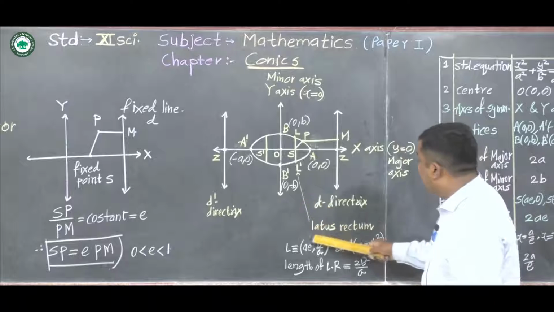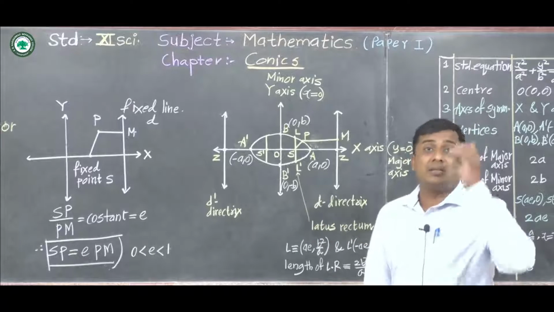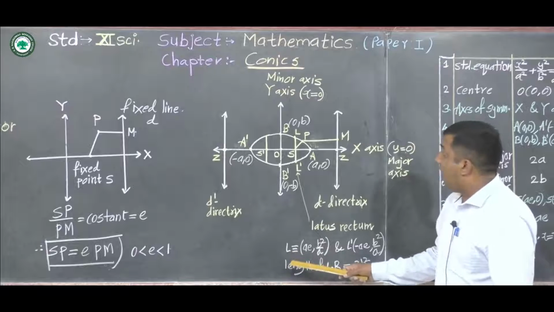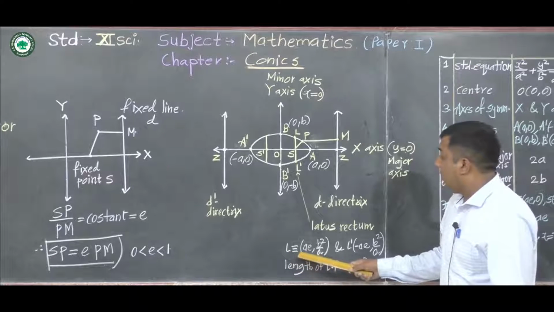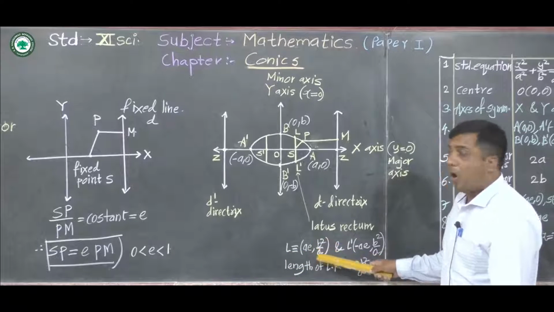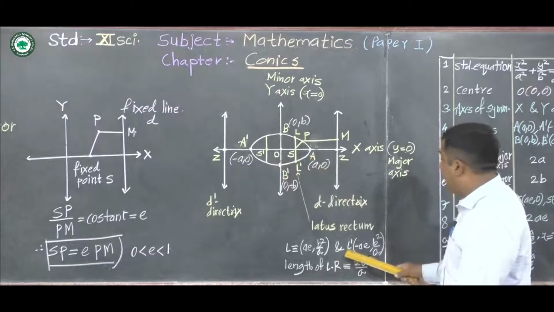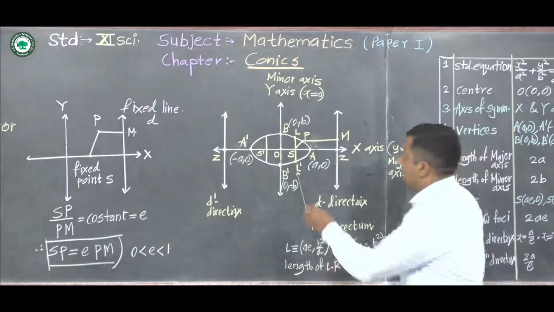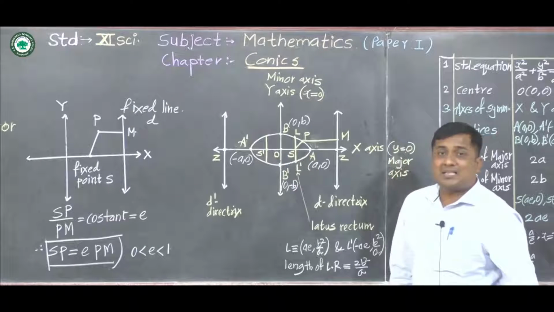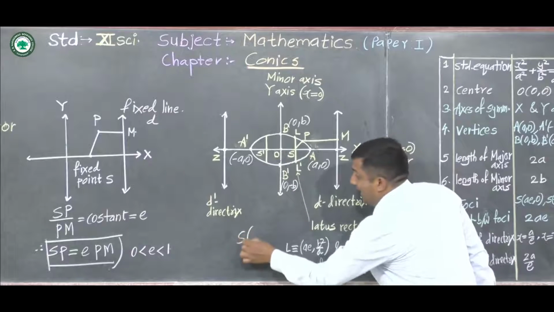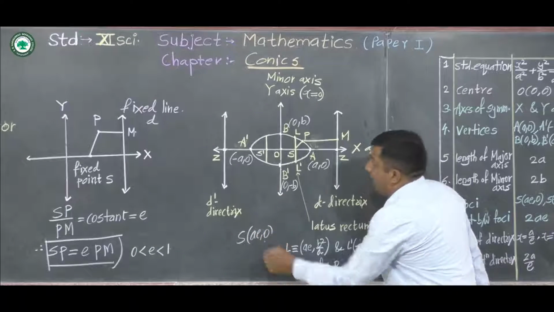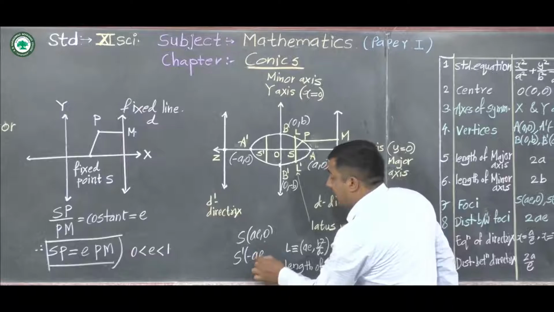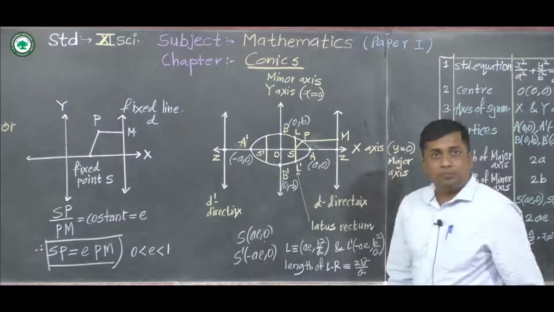Here L dash is for the latus rectum, and the coordinates of the latus rectum endpoints are L equal to (ae, b squared upon a), and L dash is (ae, minus b squared upon a). Firstly, remember the coordinates of S are (ae, 0), and for S dash we consider (minus ae, 0).